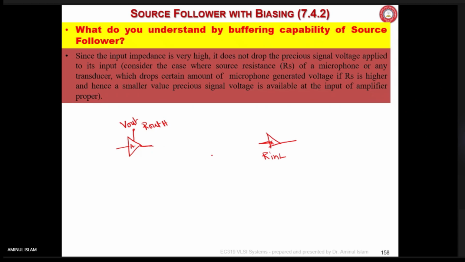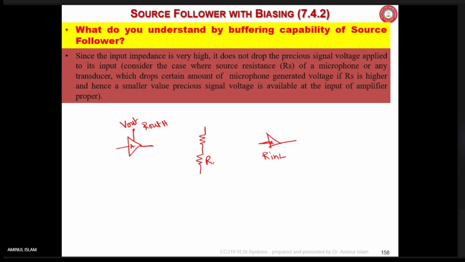Actually, when this is the amplifier, this signal V out is very precious for you. You don't want to lose it or drop it, right? So if a high resistance is something like this, I'm drawing once again.